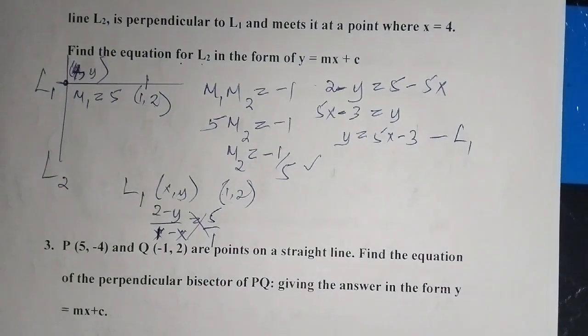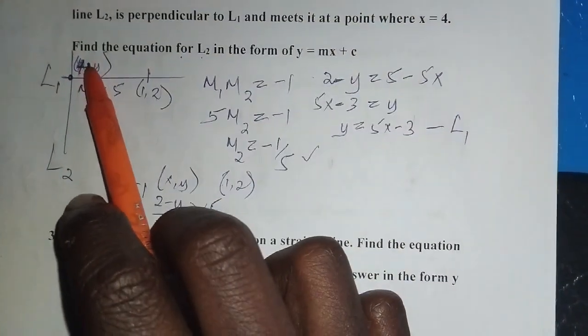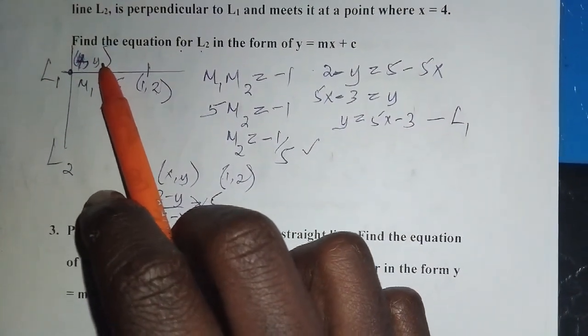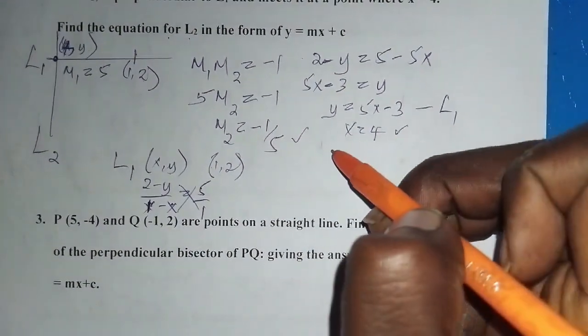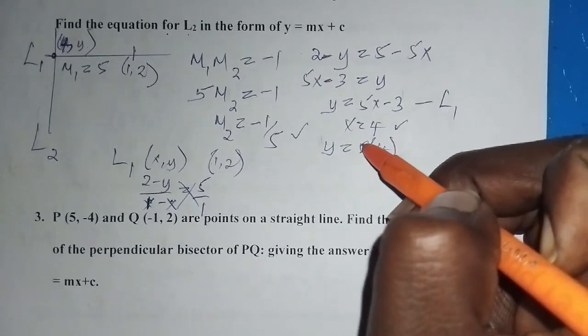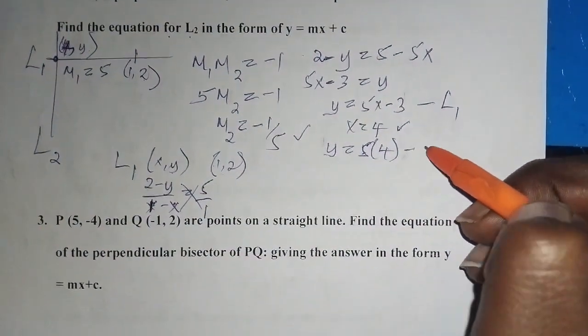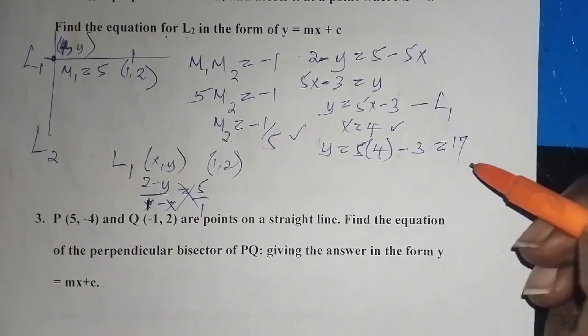But we are being told that the point where the two lines meet, the value of x is 4, so you need to find the value of y. So if x is equal to 4, it means y will be 5 times 4 minus 3. It is 20 minus 3, which is 17.